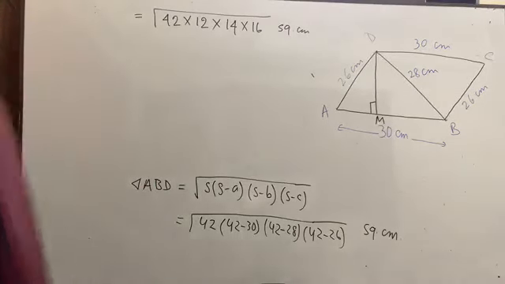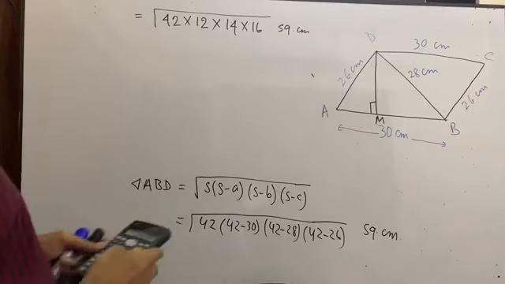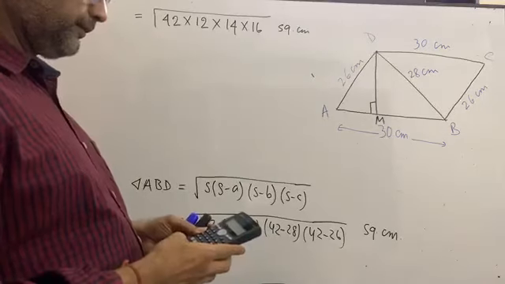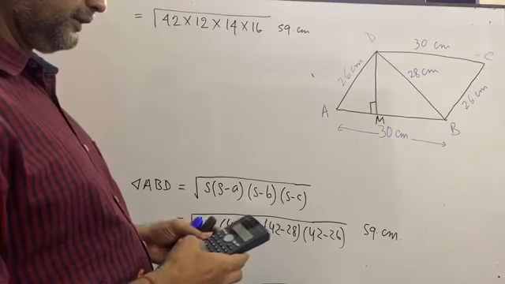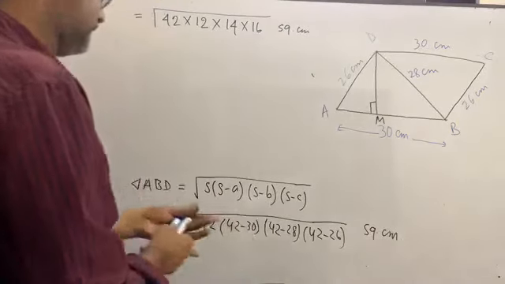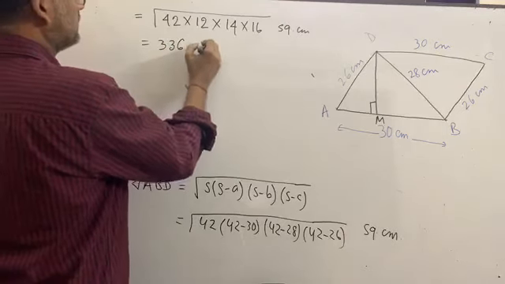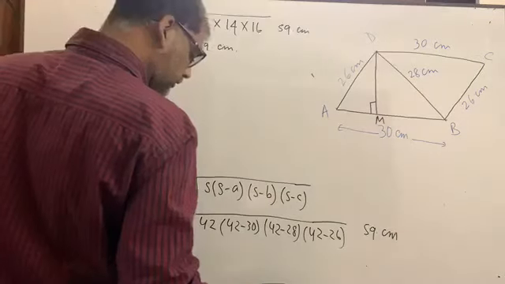Use the calculator. 42 into 12 into 14 into 16, root of that is 336. 336 square centimeter. Okay.